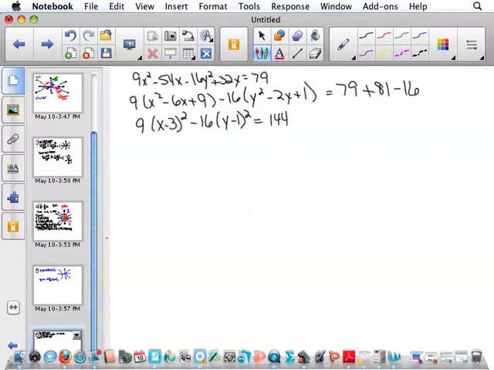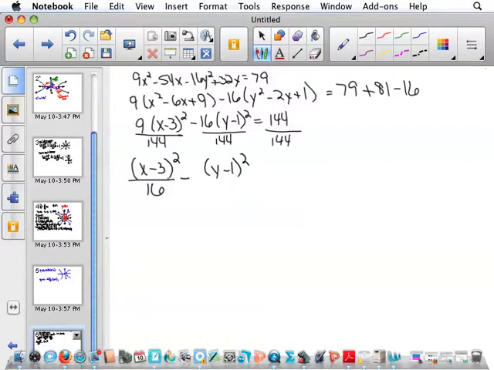144. Then divide each of those terms by 144, and you will get the equation x minus 3 squared over 16 minus y minus 1 squared over 9 equals 1. So there's the equation.